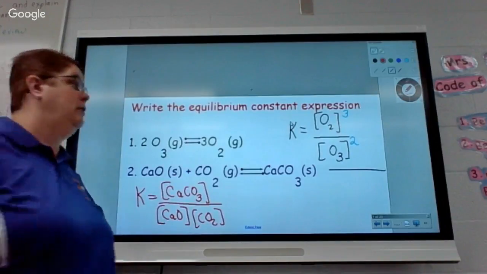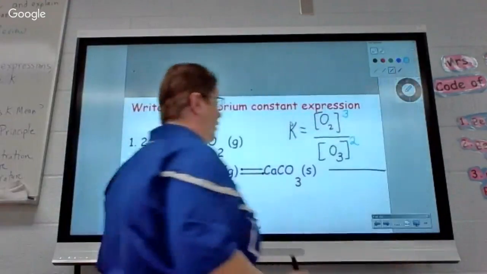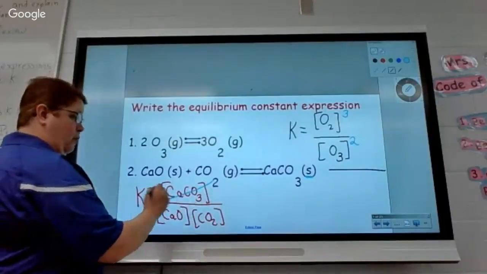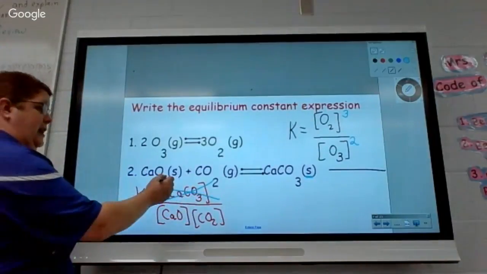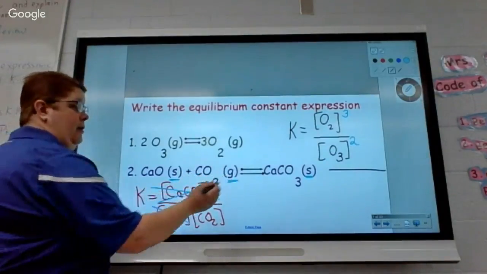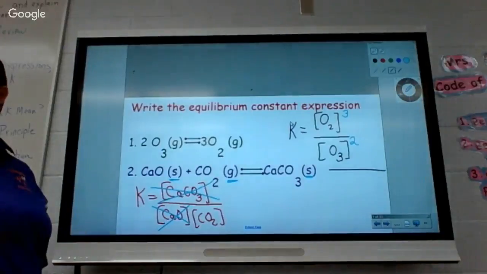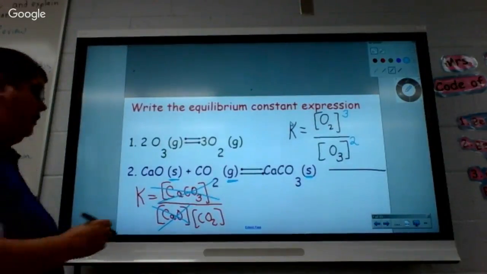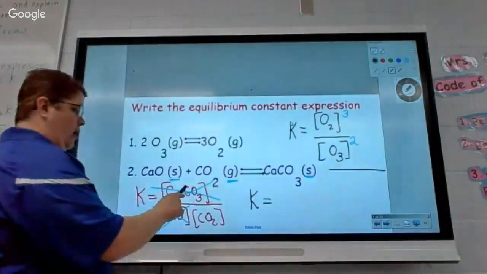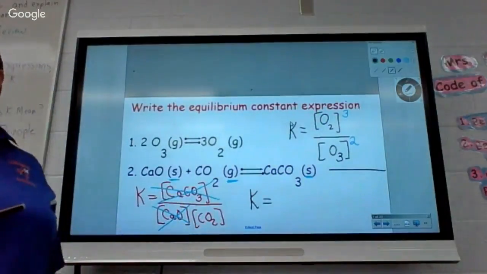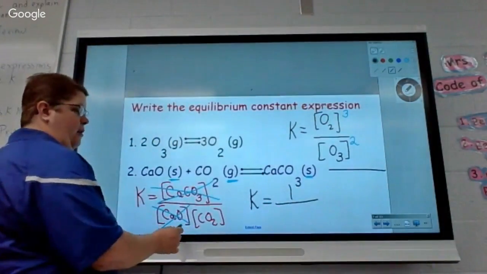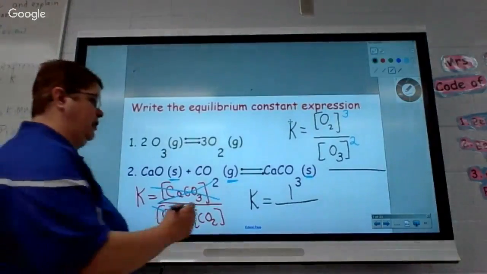Then they have to cancel out. Okay, so when I look at these, this is a what state? It's got to go. This is a what state? It's got to go. This is a what? It gets to stay. All right, so everything else has to stay. So K equals, what do I put on top if everything went away? So I put 1 over, what do I put down here? CO2.